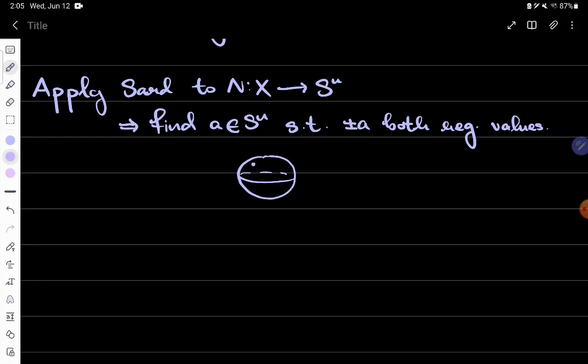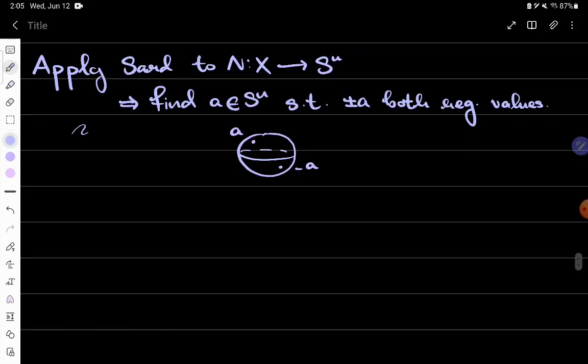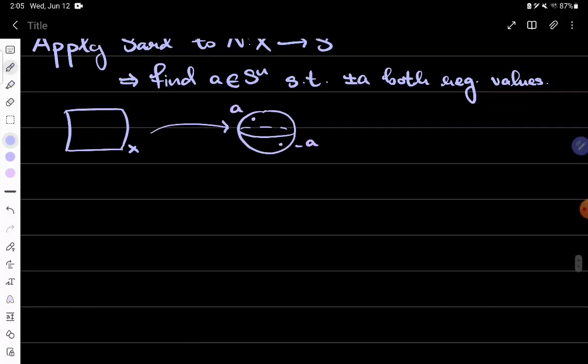Let me say this point and this point, which you want to imagine on the other side. This is A and this is minus A. And we have this map from some closed oriented manifold here to Sn. So I'm drawing everything in R3 just to visualize.